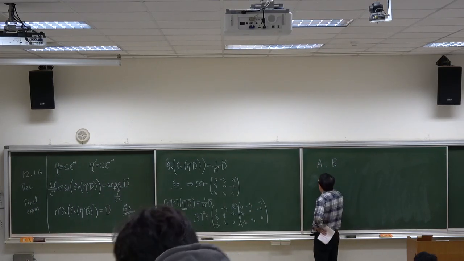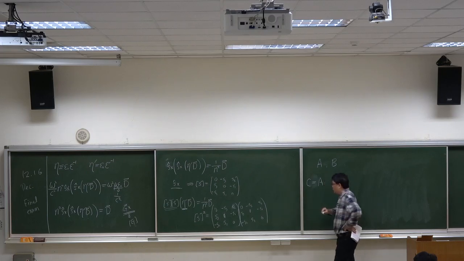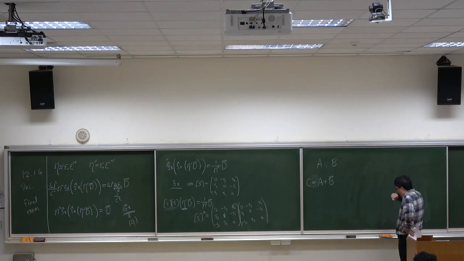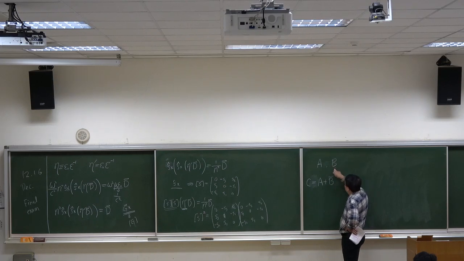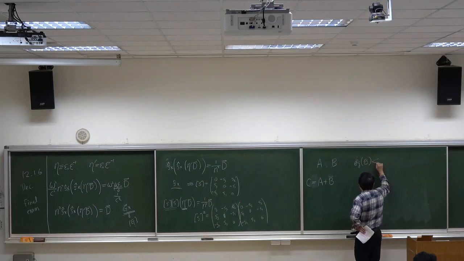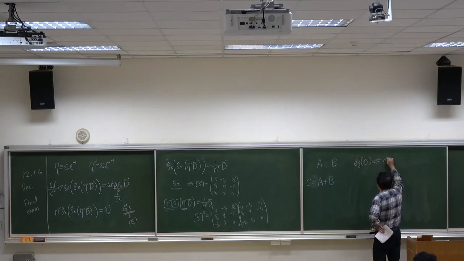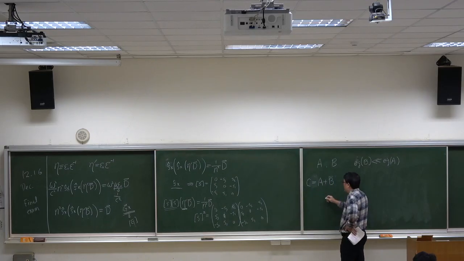Then if we need to consider a new matrix C is equal to A plus B, and the B is much smaller than A. Then how to find C inverse?